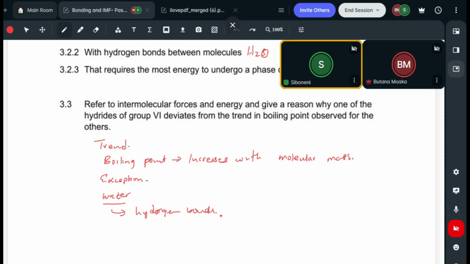So this tells you that extra energy is needed to break them. So what can we say about water? Water has a much higher boiling point than expected, okay?